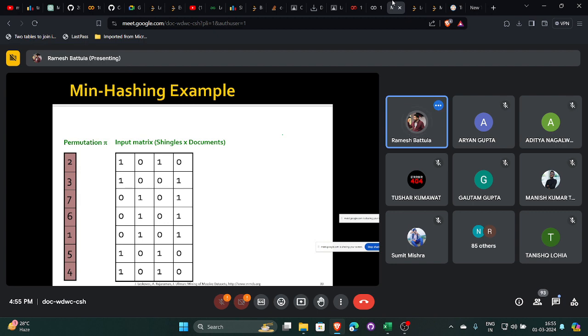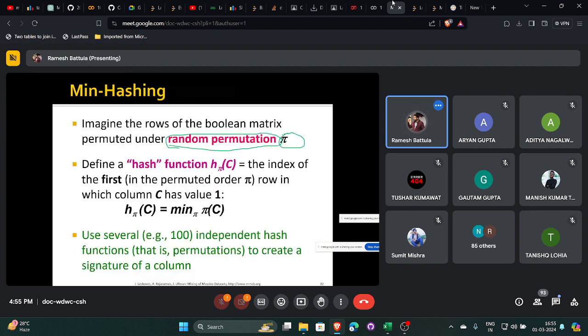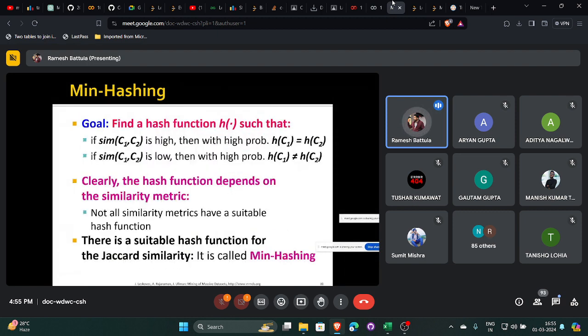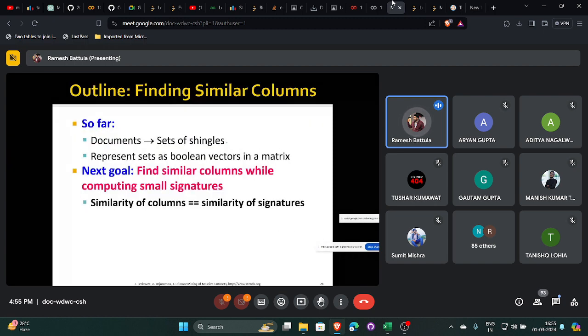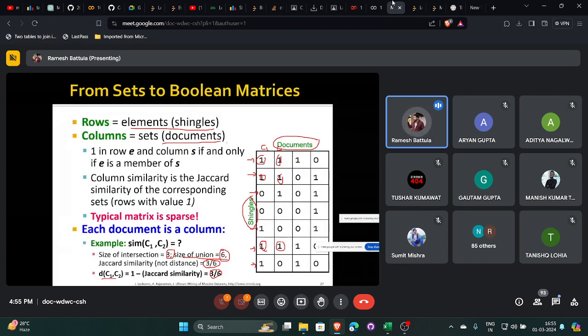In the same way, you observe these 2, 3, 7, 6, 1, 5, 4 are going to be a random permutation. What random permutation? You have the rows of your Boolean matrix. Those rows of the Boolean matrix we need to permute under a random permutation. Suppose here the shingling values are there. Each row consists of some value.